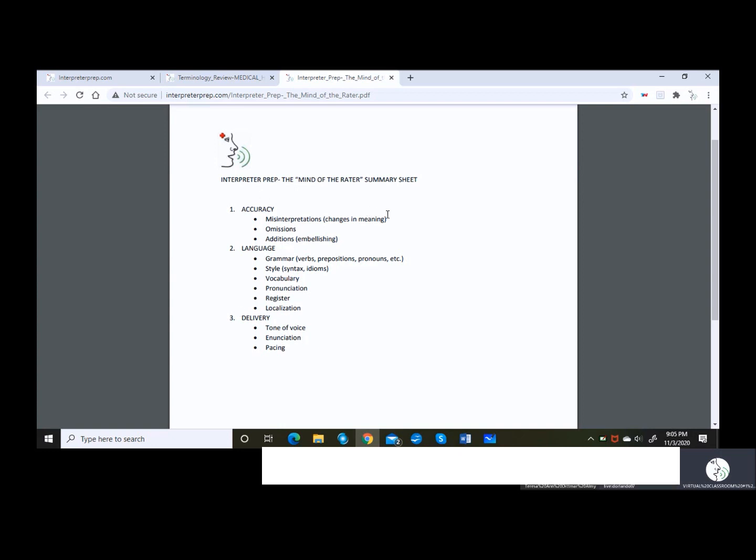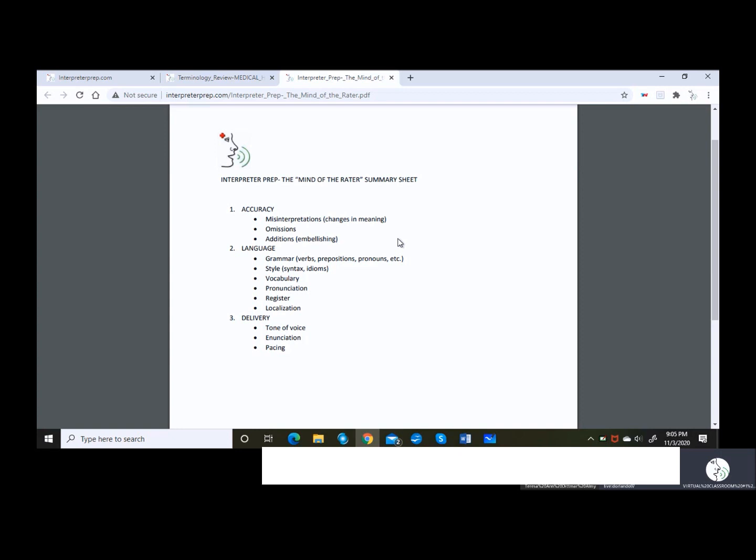In regards to accuracy, I'm going to be talking about these three things, which are the misinterpretations, the omissions, and additions. So the first thing I want to tell you in regards to these misinterpretations is that if we change the meaning of something we're interpreting, then that can become inaccurate, right?